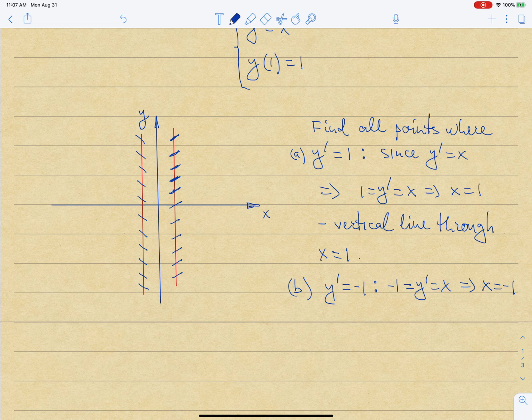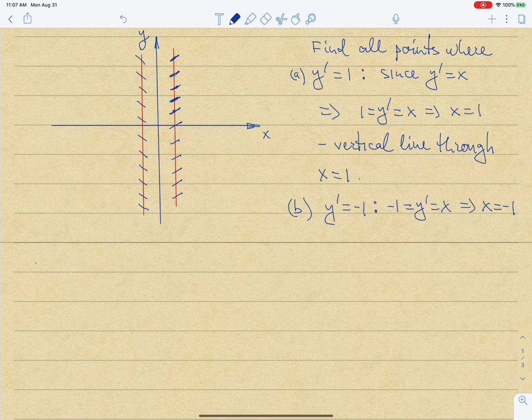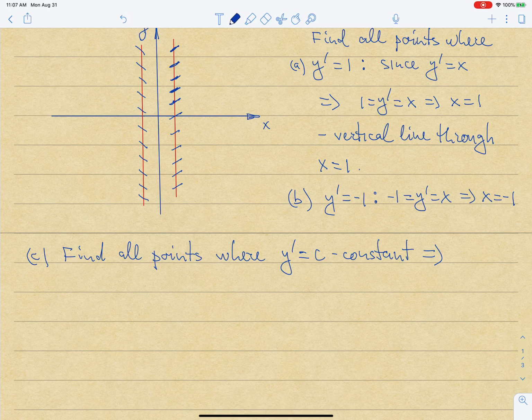Okay, so then from this, we can actually see that if I want to find all points where y prime is equal to c, and that is a constant, then I'm looking at all points where x is equal to c, right?